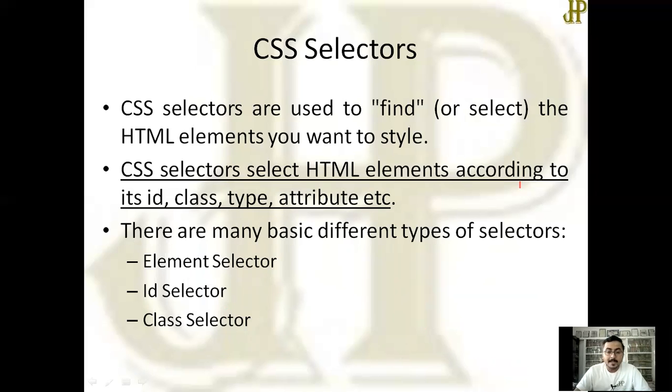There are three basic types of selectors. Other than this, there are also many other selectors. I am not concerned about that. But these three basic selectors you should know. One is the element selector, second one is the ID selector, and third one is the class selector.